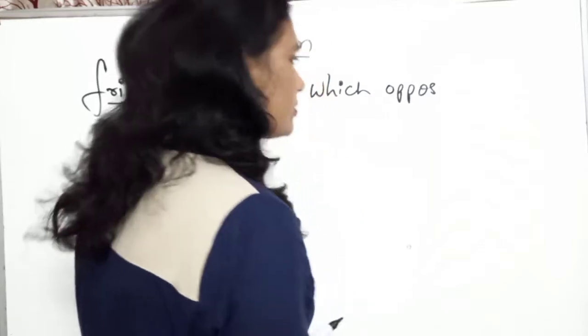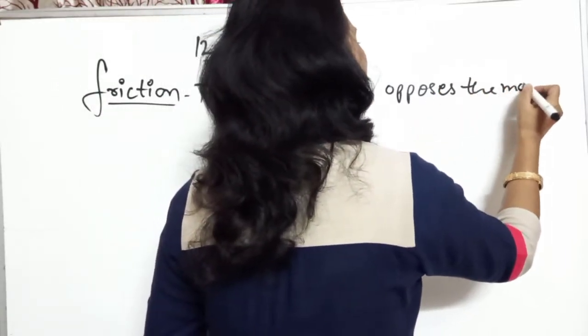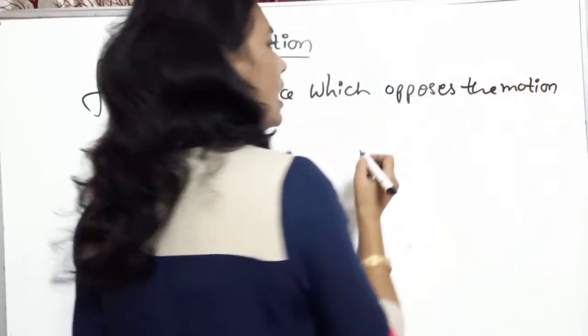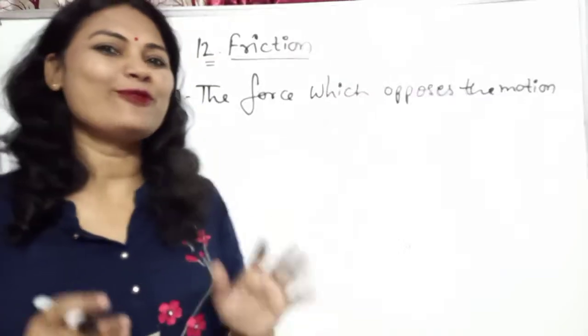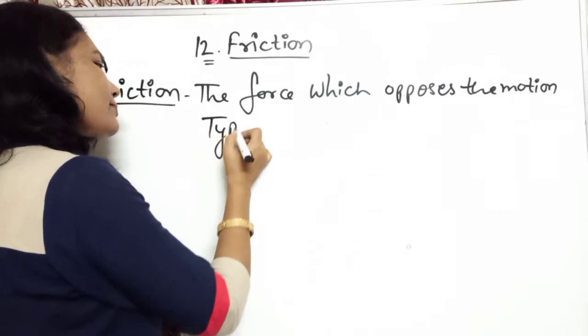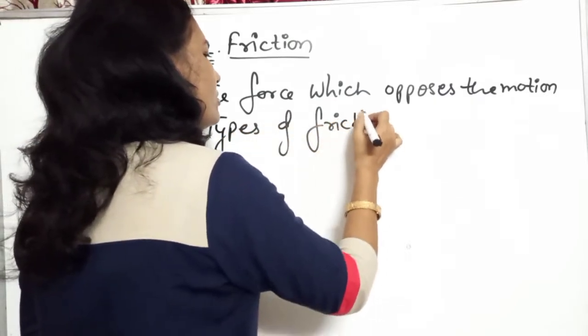Okay. So the opposing force is known as frictional force. And what are the types of friction? We can discuss the types of friction now.